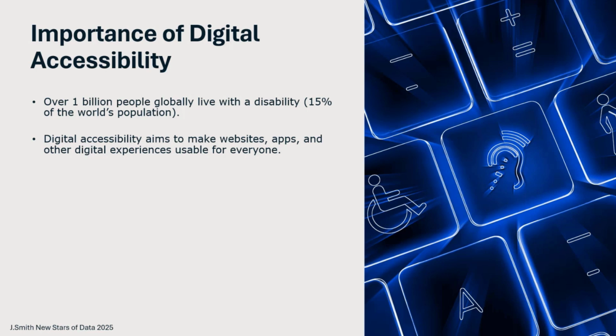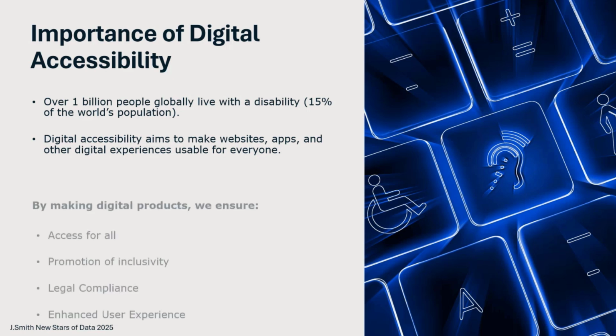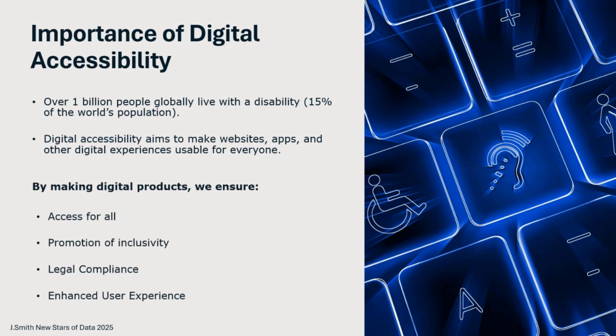This means that all users should be able to perceive, understand, navigate, and interact with digital interfaces without facing any barriers. And by making digital products, including Power BI reports, accessible, we ensure that all individuals with disabilities can also access important information and services online. So we ensure access for all.